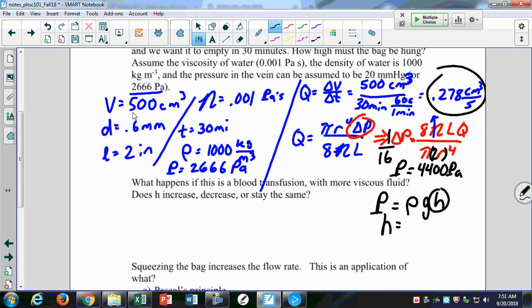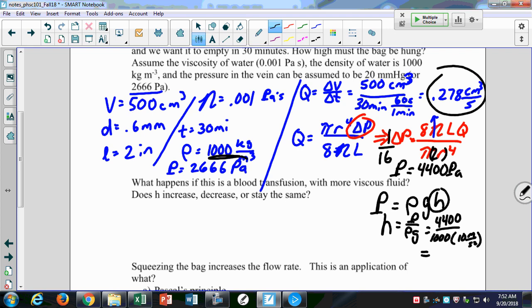And so height is equal to pressure over rho times g. That's 4,400 over 1,000. That's the density right here. And g is the acceleration due to gravity, 10 meters per second squared. And so that's equal to, well, I have 0.72, that's not right though.